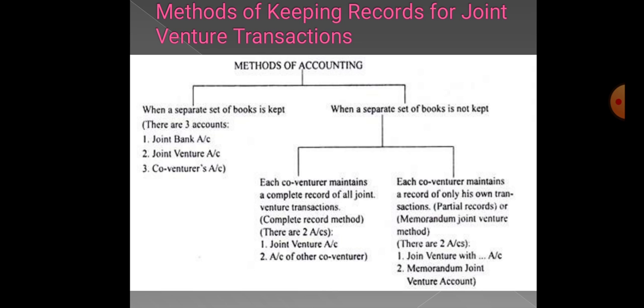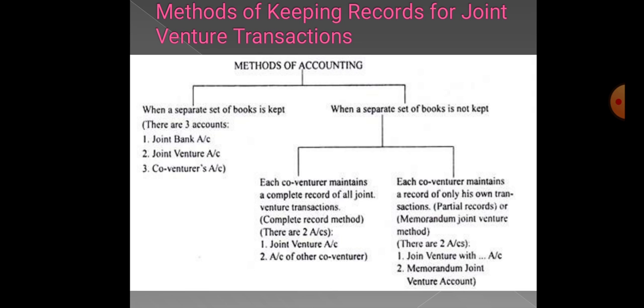One is when each co-venturer maintains a complete record of all joint venture transactions, that is the complete method. They will be preparing two accounts, that is the joint venture account and the accounts of the other co-venturer. So if A is preparing, he will be preparing the joint venture account and the account of the co-venturer.